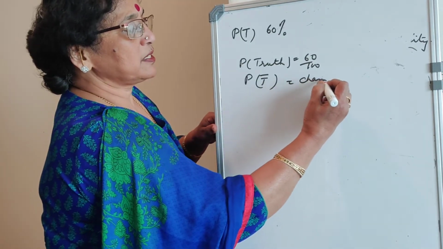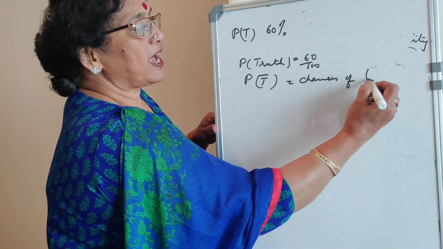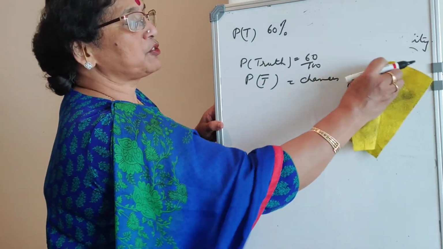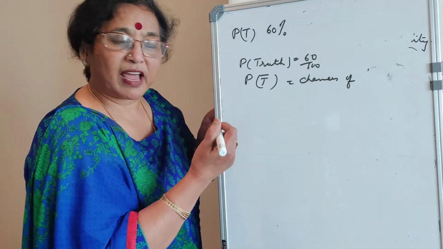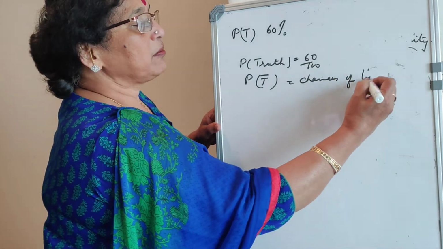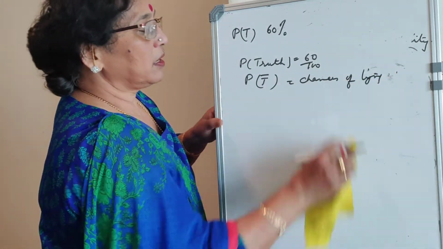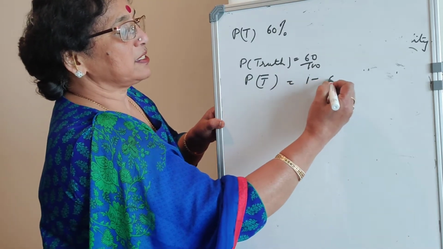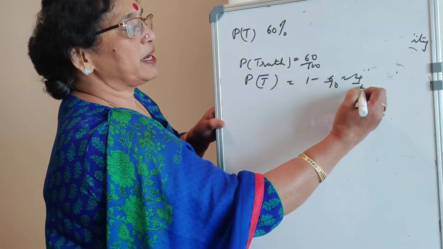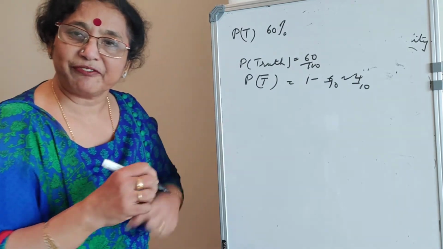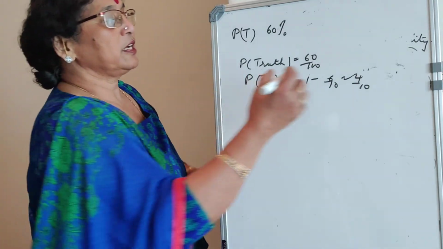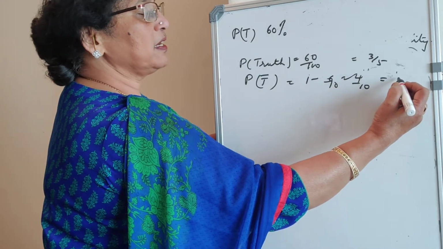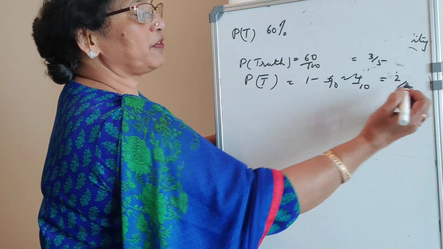So chances of lying, that will be chance of not speaking the truth. I am writing it as P of T bar, that is 1 minus 6 by 10, which is 4 by 10, which you can reduce as 2 by 5, right? So here it is 3 by 5, and chance of lying is 2 by 5.